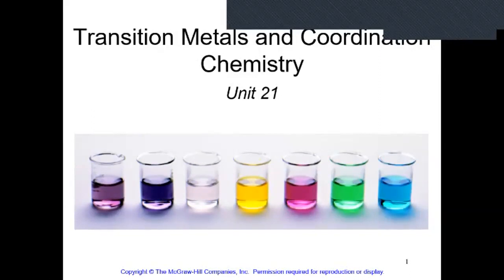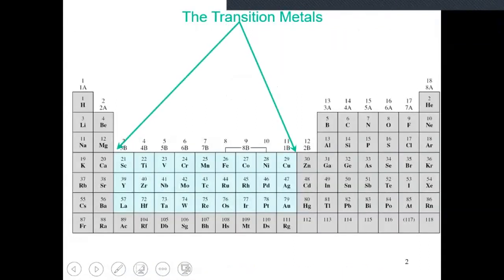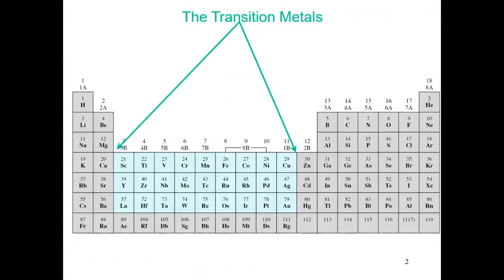So transition metals, of course, we've studied them before in our Chem 1A or equivalent class. They are the elements located here in the middle of the periodic table, beginning on period 4.